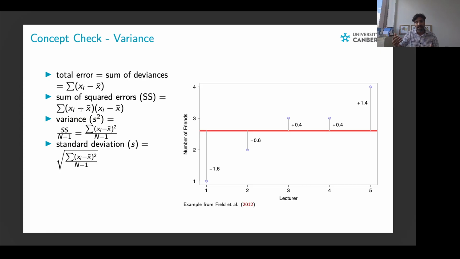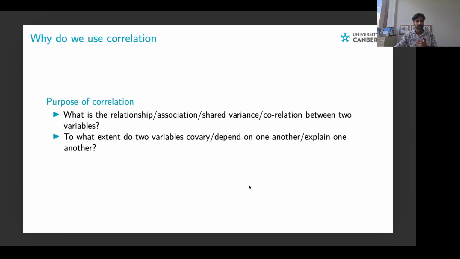So we look at the error, and for the reasons we have covered, we land on variance to get a sense of how well the data is distributed around that line, and through standard deviation as well. So that's what variance is. That's standard deviation's relationship to variance. So really useful to know. And this will come back over and over again when we talk about how well the model fits the data. So it's important to keep in the back of your mind.